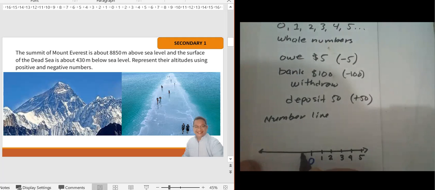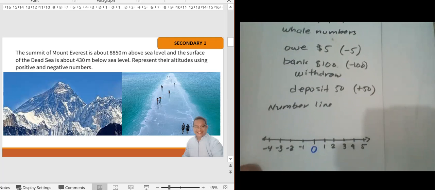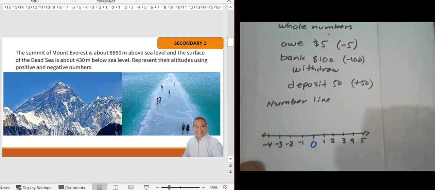And as you go to the left, you have negative 1, negative 2, negative 3, negative 4, negative 5, and so forth. So please take note that to the right are positive, to the left are negative. And all of those numbers are called integers. These are the positive integers, these are the negative integers, and the middle one is 0.